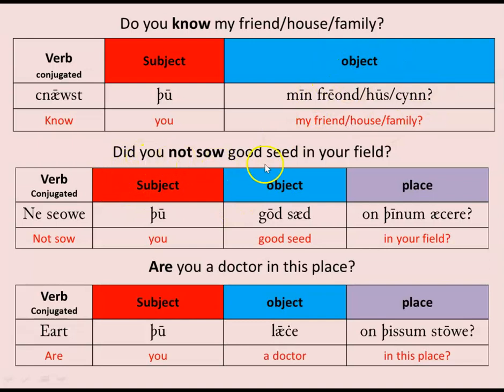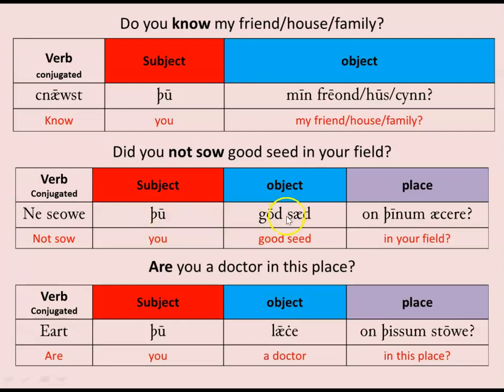Did you not sow good seed in your field? Ne seo thu gold sad on thinam akare. Okay, not sow you good seed in your field. Okay, so verb first. Present tense, second person singular, because the subject is the second person singular.